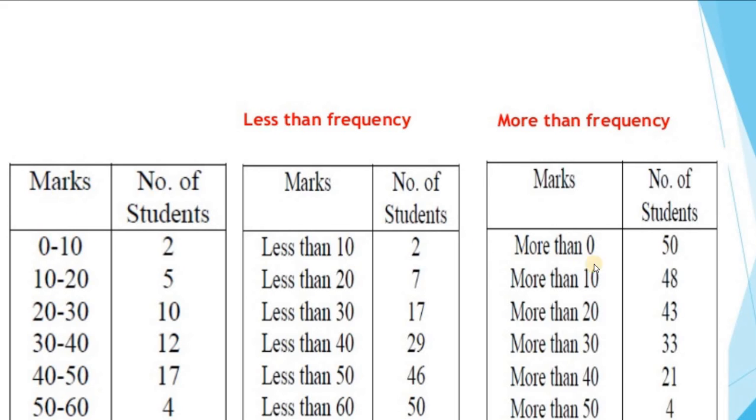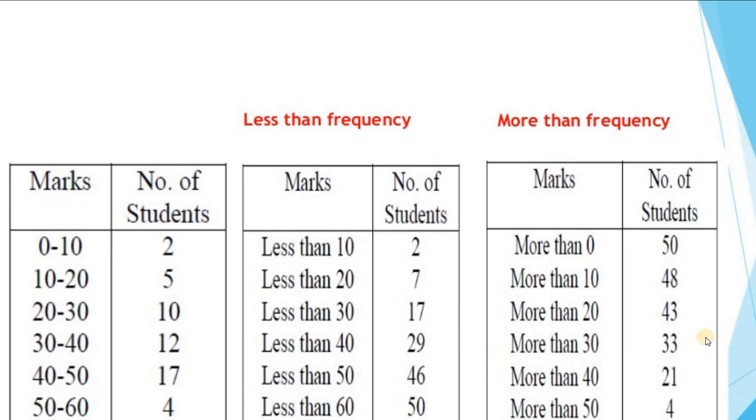Here we need more than 0, more than 10, more than 20, more than 30, more than 40, more than 50. Okay, in third step, we take more than 20, then 48 minus this 5, 43. In next step, more than 30 means 43 minus 10, 33.